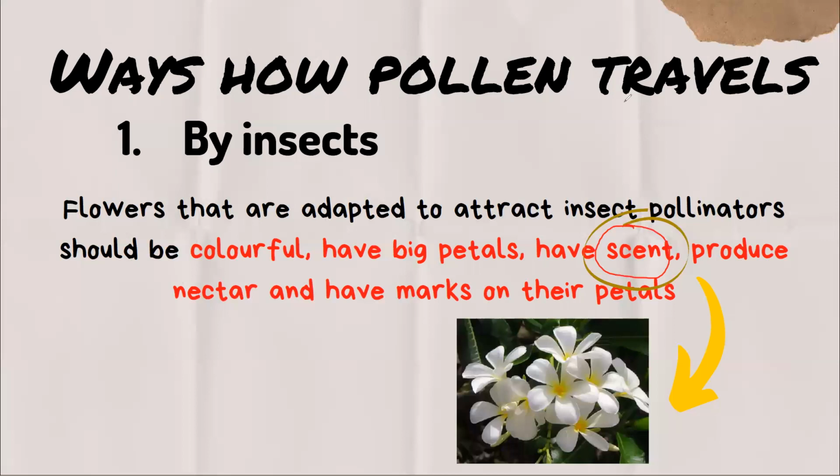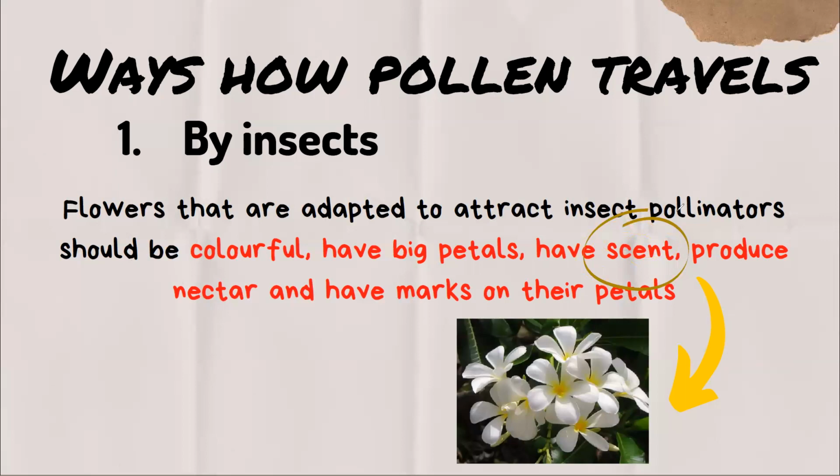Okay, all right. Those who answered scent is a smell, yes, very good. Specifically, a scent is a good smell. In order to attract insects, flowers need scent. You'll be wondering, teacher, can insects smell? Do they have a nose? Good question.